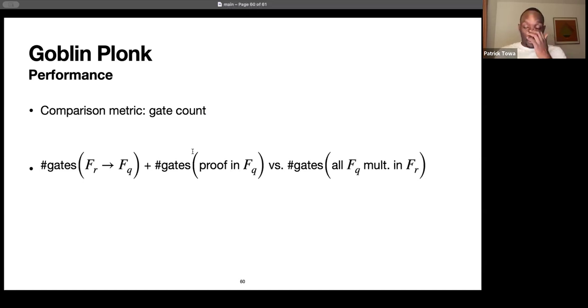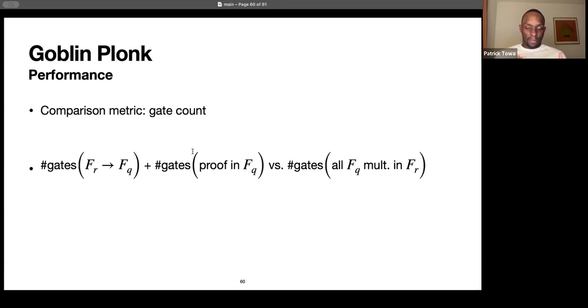So we're almost at the end already. In terms of performance, the metric I want to use to assess the efficiency is the gate count, the number of gates that this method entails compared to if you weren't using this method at all.